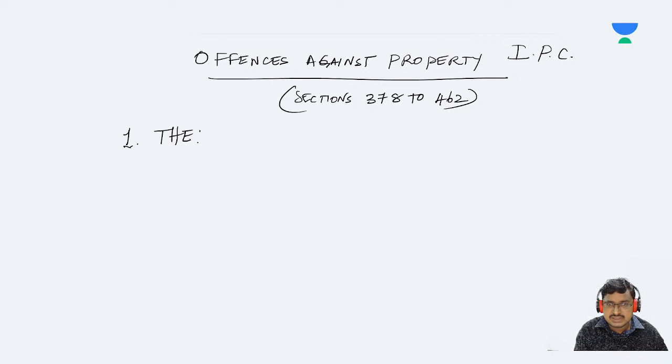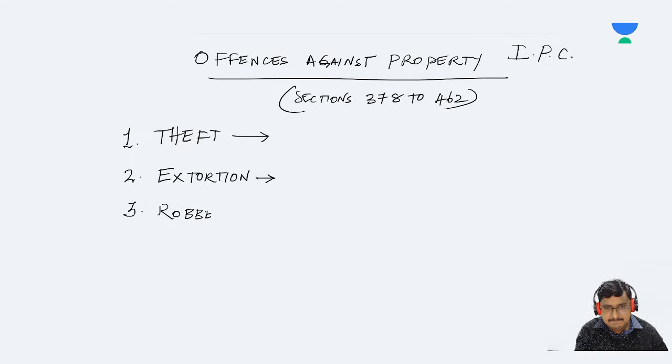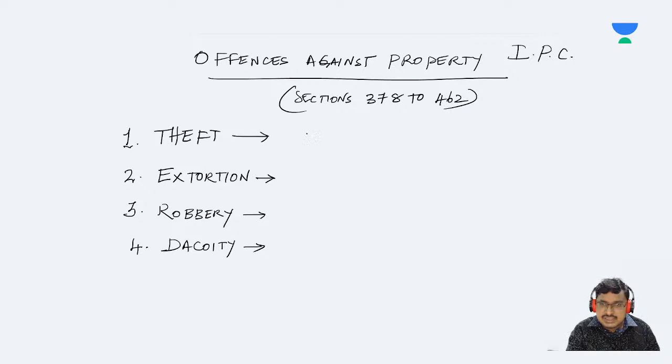theft, extortion, robbery, and dacoity. Sections 378 to 382 are dealing with the concept of theft, friends.